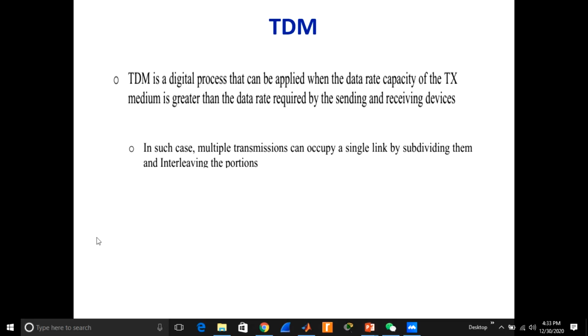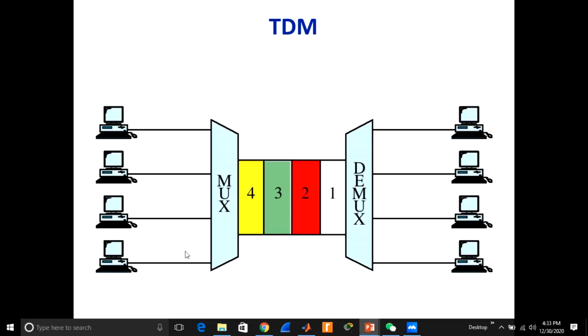For example, check it. Now, there are four devices: one, two, three, four. So this is the channel between them. In this case, we have divided this channel into time slots.